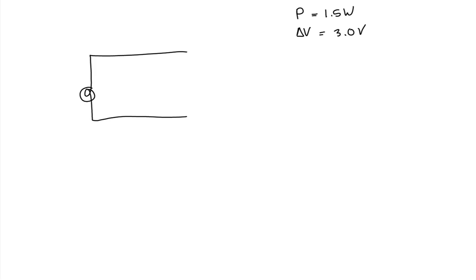Now, currently this light bulb can't light, but we have a wire that is free to slide along the rails that connect the light bulb. This wire can slide with a speed v. This speed v is what we are trying to find for our problem.